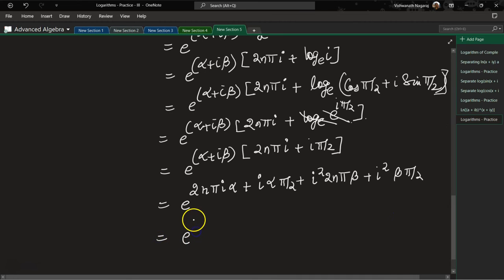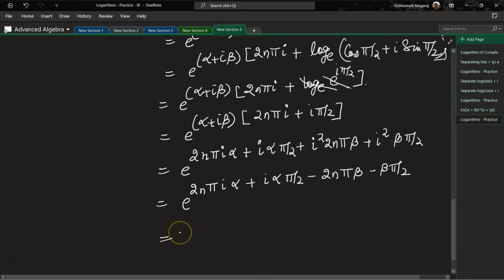Okay, so now let's simplify this. We get 2n pi i alpha plus i alpha pi by 2 plus, now i square will become minus 1, so minus 2n pi beta, again i square will become minus, so minus beta pi by 2. Okay, now let's group the imaginary and the real parts here.